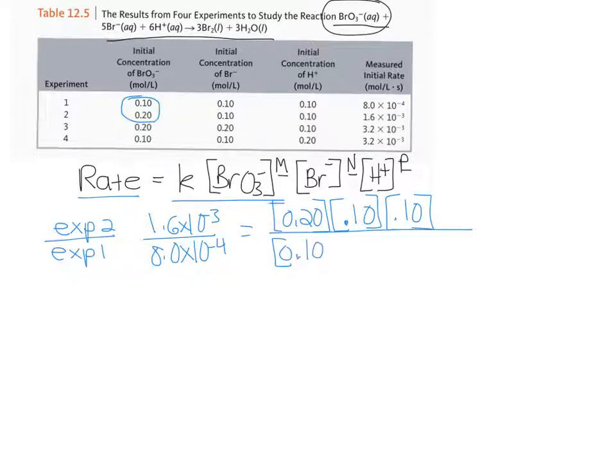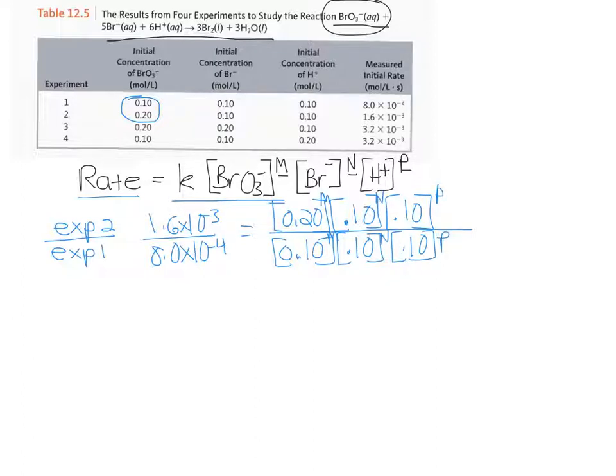So it'll be 0.1, 0.1, and 0.1. So these are the initial concentrations. And oops, I forgot. This is to the m, this is to the n, and this is to the p.